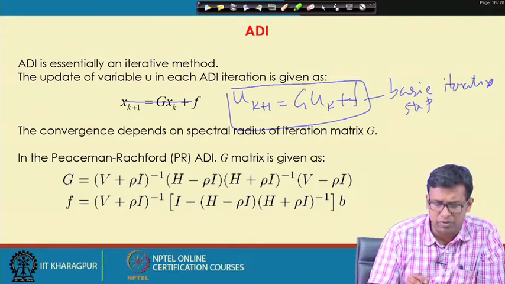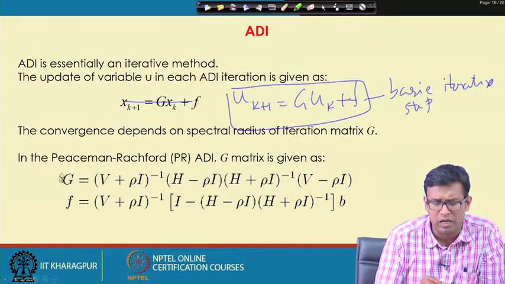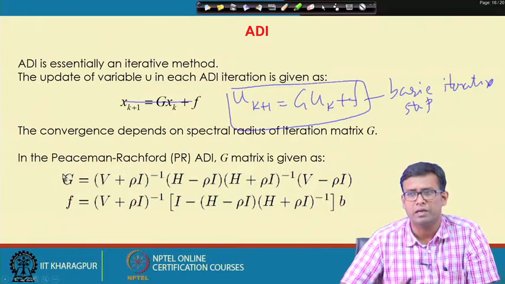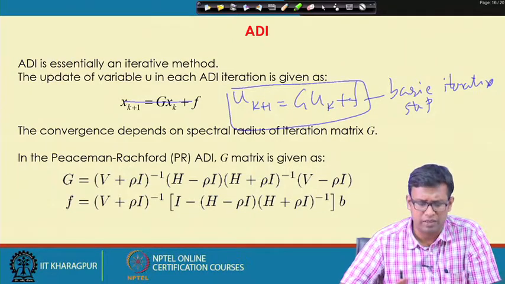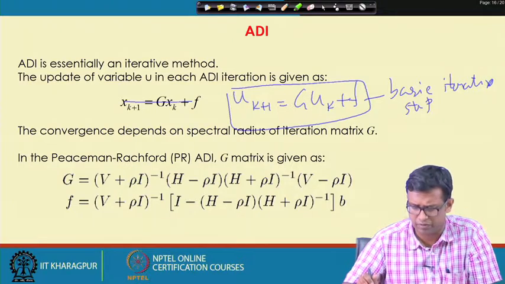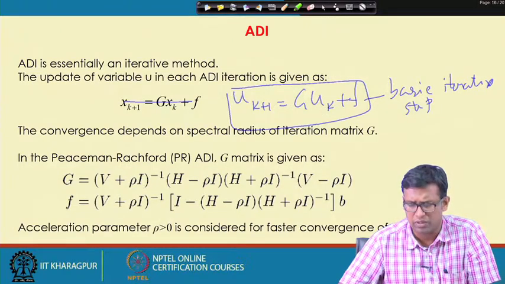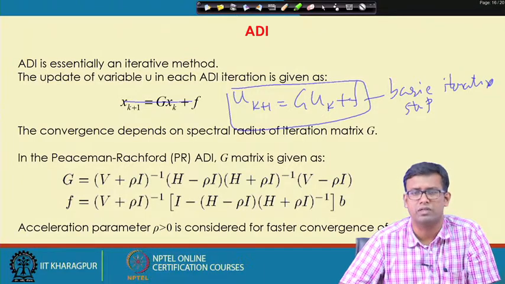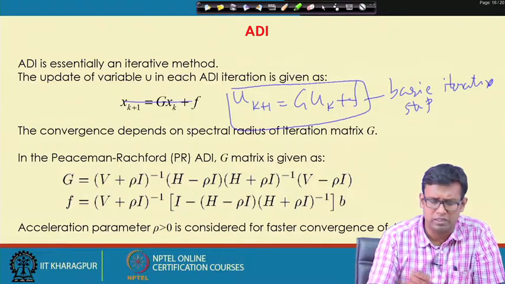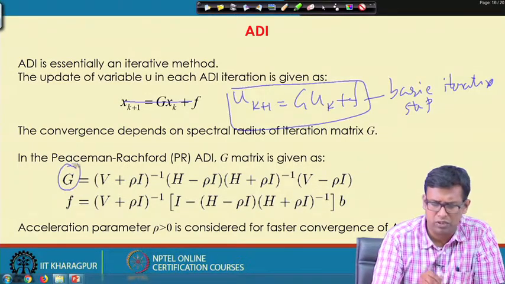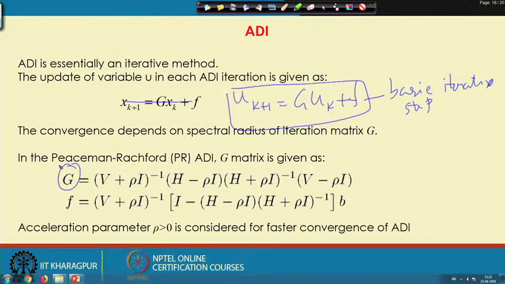Okay. So, depending on the value of rho, the spectral radius of G can be less than 1, and therefore, we can get a solution. An acceleration parameter rho greater than 0 is considered for faster convergence of ADI. As we increase the value of rho up to the optimal value, the matrix G shows a smaller spectral radius.